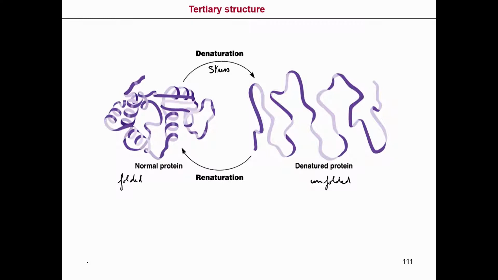And so the most common observation in the denaturation process of a protein will be the precipitation, coagulation or aggregation of the proteins. Sometimes you can observe the precipitation of the protein.